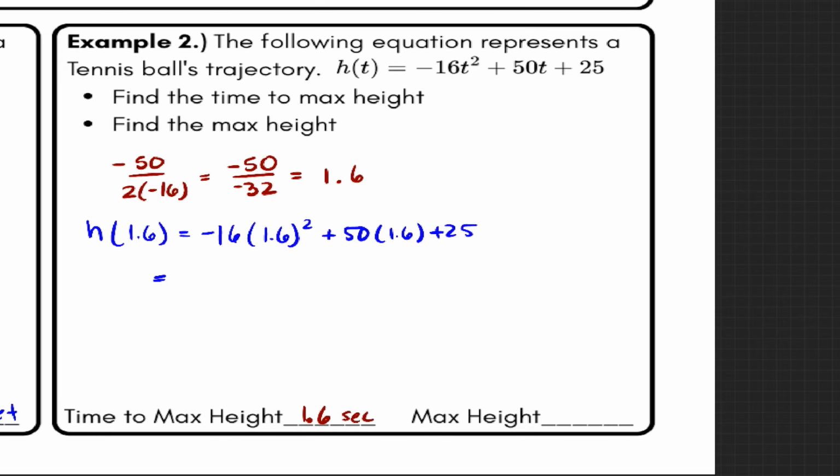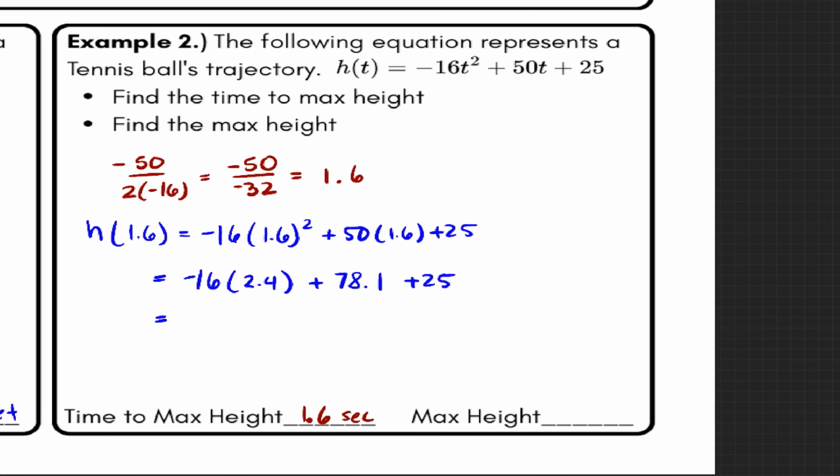So this is going to be equal to negative 16 times 1.6 squared, which is about 2.4, plus 50 times 1.6 is 78.1, and then plus 25.